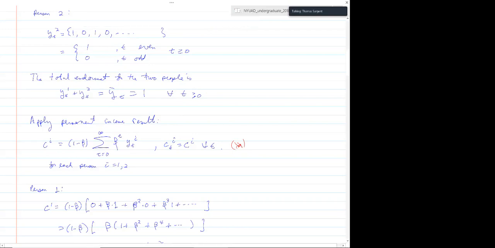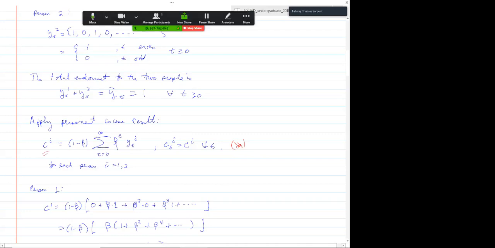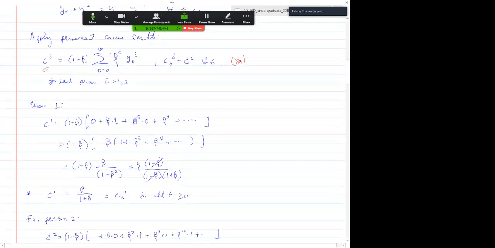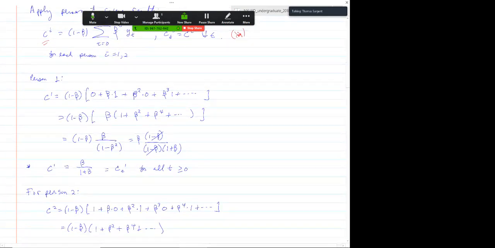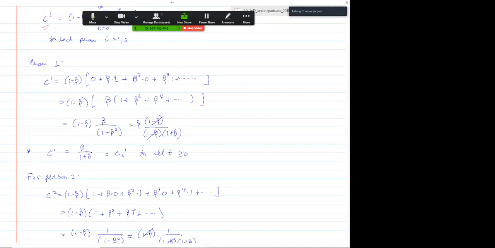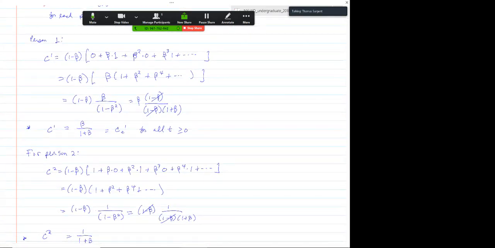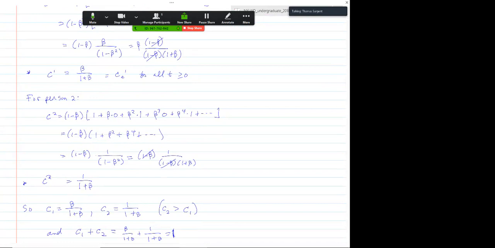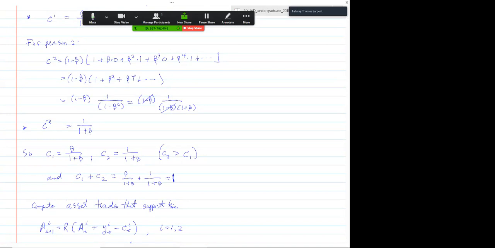So c_i is the constant level of c for person i. As yesterday, we're just going to compute c_1 and c_2 using formula star. And what we got this time was c_1 equals beta over 1 plus beta, and c_2 equals 1 over 1 plus beta. And these add up to 1. We see that c_2 is greater than c_1.